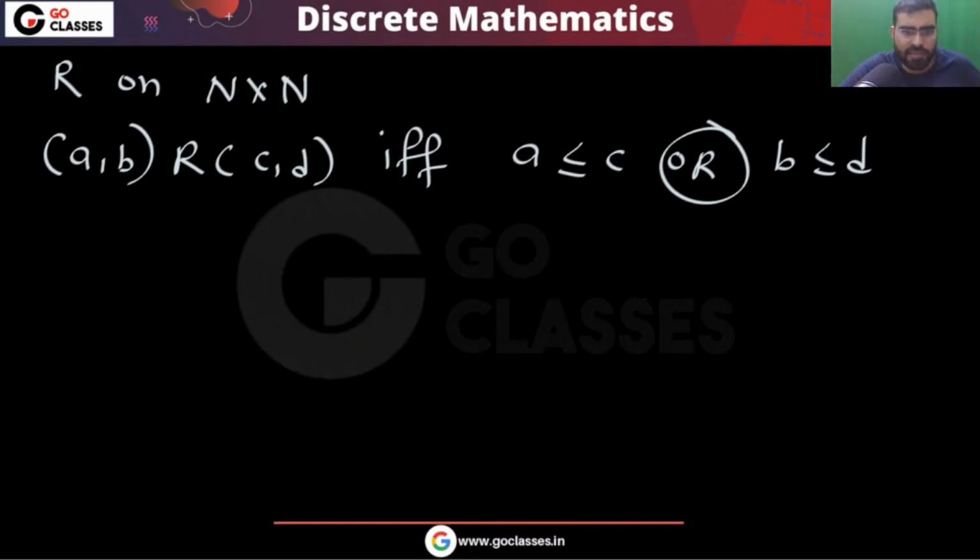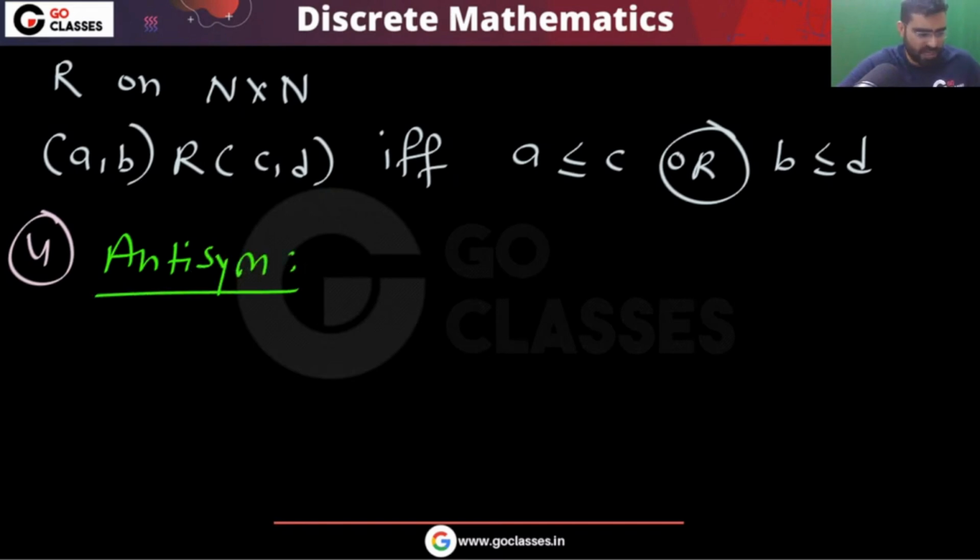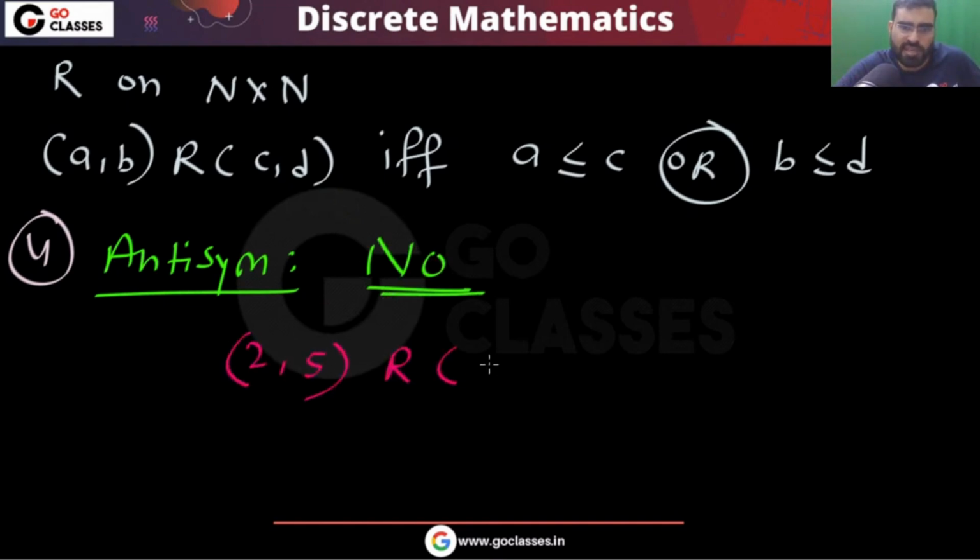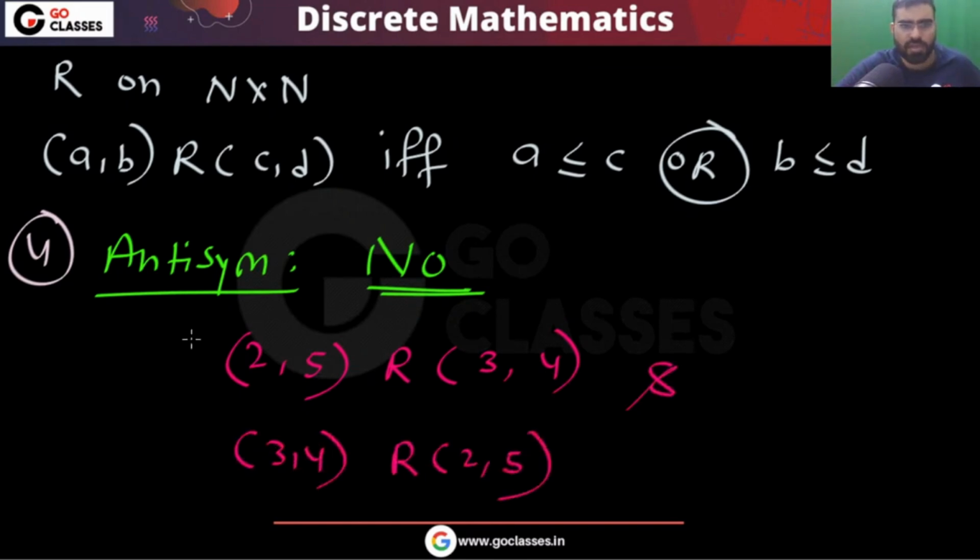What about anti-symmetric? What can you say about the anti-symmetric property? Again, this is not anti-symmetric. For example, (2, 5) is related to (3, 4), and you can also see that (3, 4) is related to (2, 5).